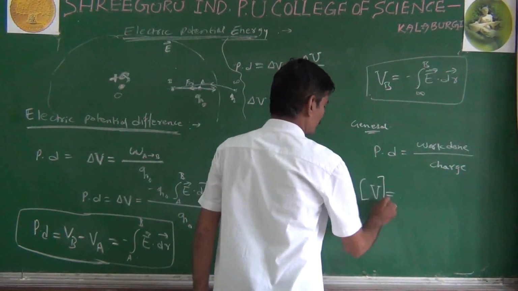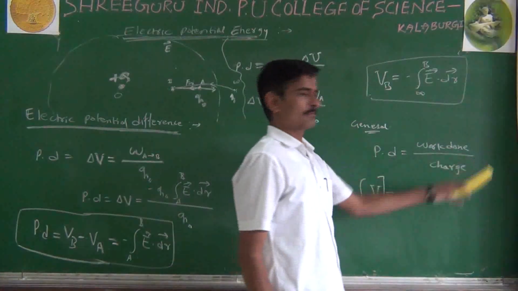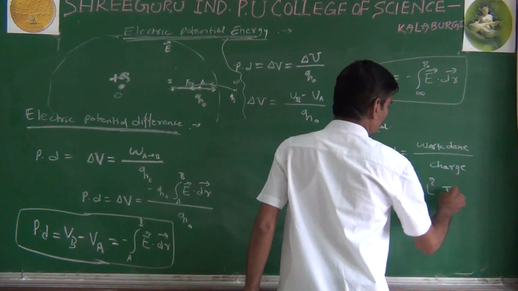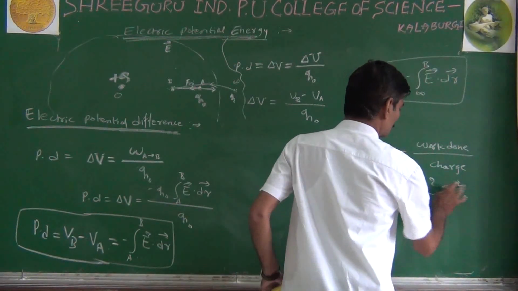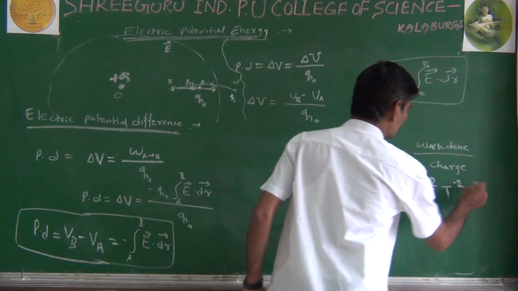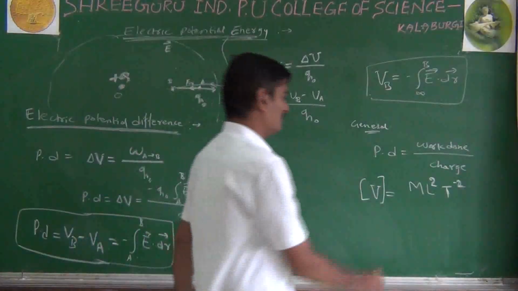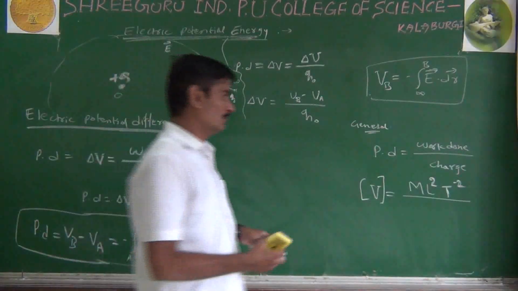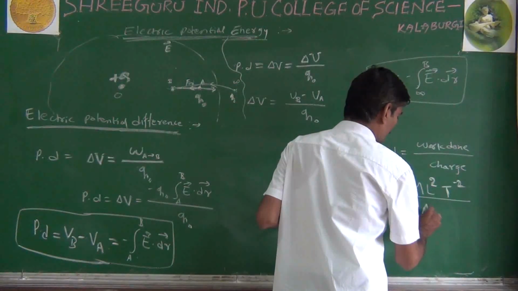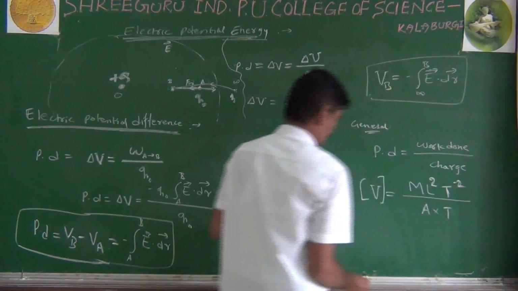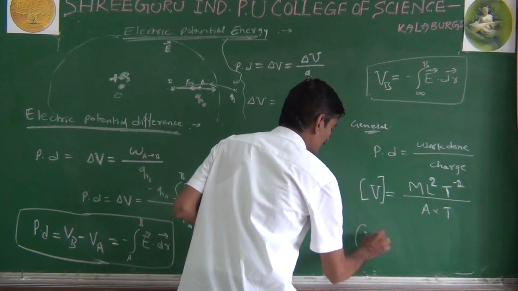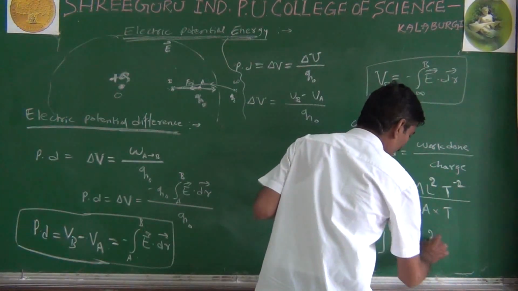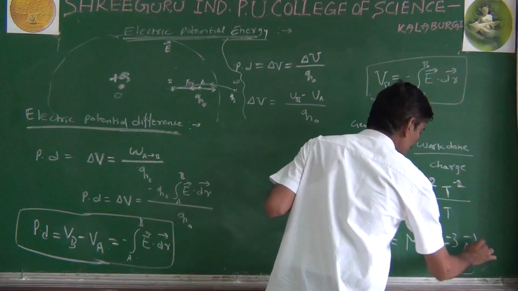The dimensional formula of work done is M L square T to the power minus 2. And charge can be written as current into time, that is ampere into time T. So you will get the dimensional formula of electric potential as M L square T to the power minus 3 A to the power minus 1.